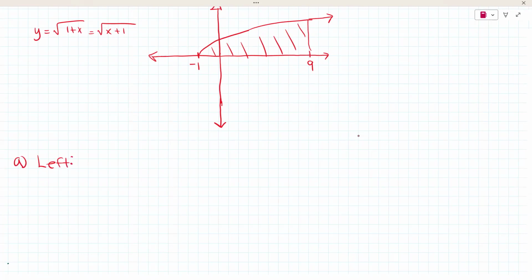Here, let me draw it on the left. We'll draw the boxes, or let's make it more detailed.